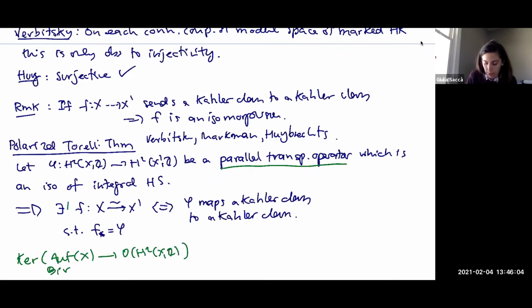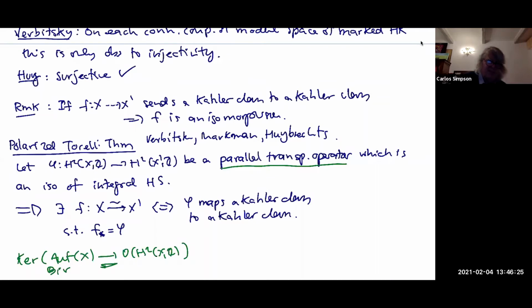So here I didn't write unique, which, for example, for K3 holds. Whether or not that is unique depends on the deformation class. For those guys above, it is unique. But for example, for generalized Kummer, it's not unique. There's a kernel here. Does that answer your question?